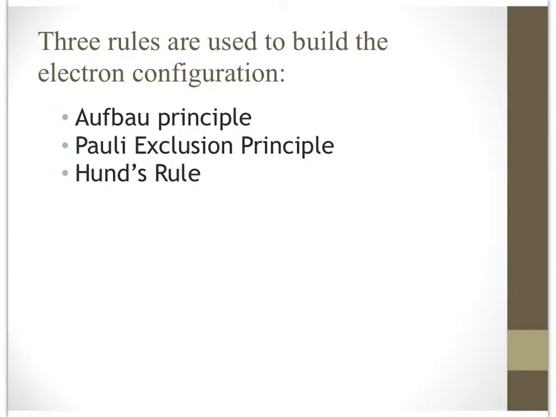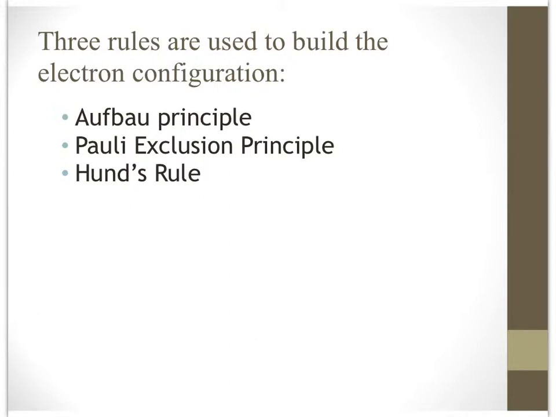So there are some rules that govern how electrons can be arranged in an atom. As you know, most atoms have multiple electrons, so we're going to see multiple electrons following all of these rules. For the 3 rules, you do need to know the rule, but you don't necessarily need to know the name of the rule, if that makes sense.